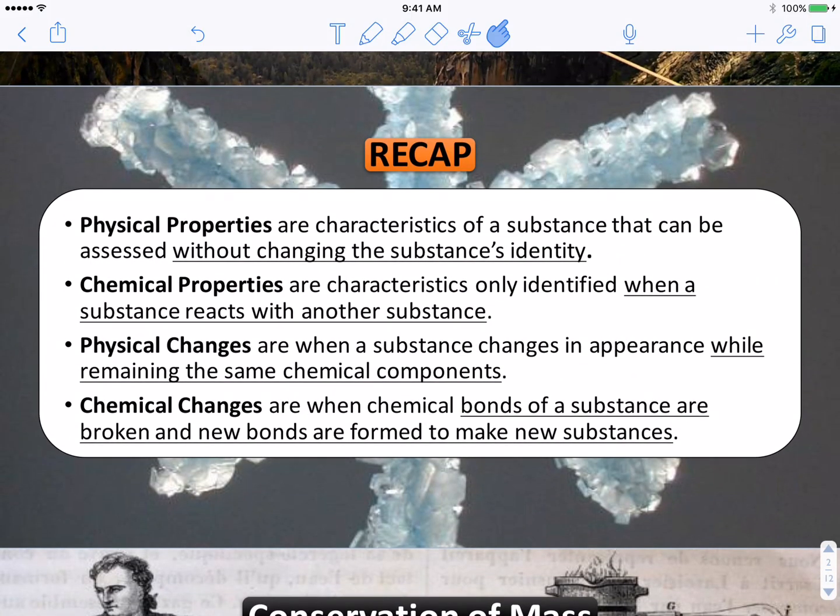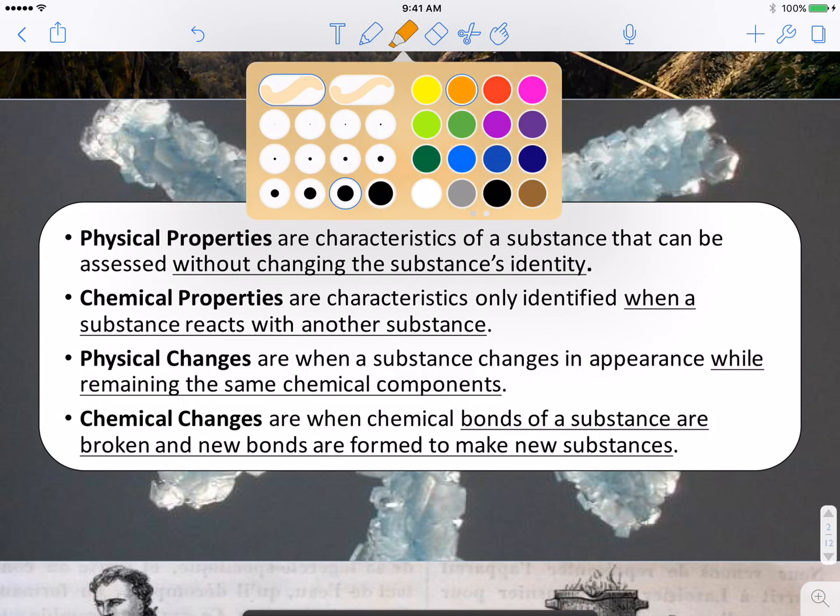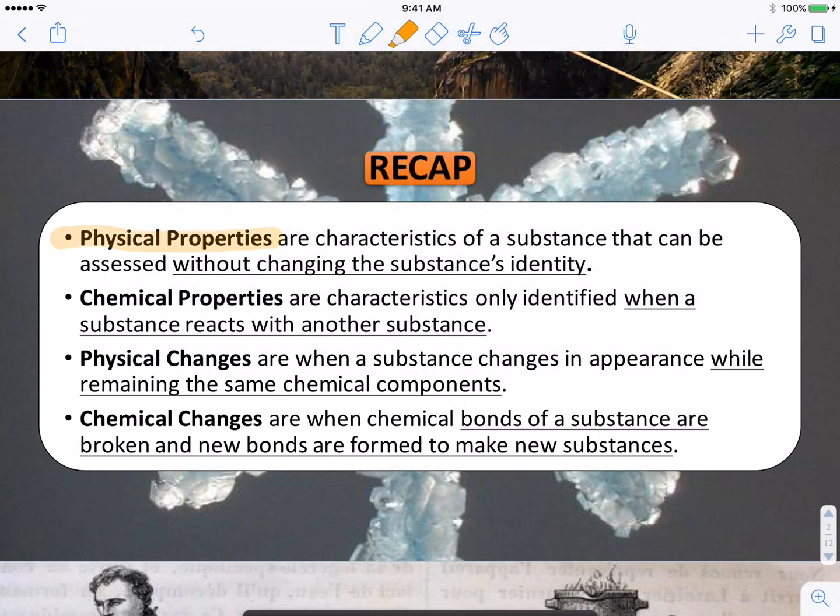So a quick recap, we have physical properties where a substance has physical characteristics. Like density, color, texture. Chemical properties are properties that we only see when that substance mixes with another, reacts with another. So in the case of our cabbage juice, a physical property would be that it was bluish in color.